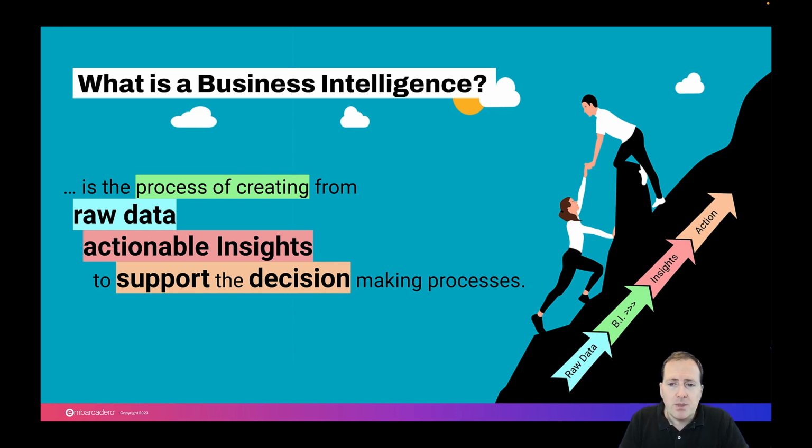But we can get actionable insights that help support the decision-making processes that are going on. Getting your data, understanding your data, and making it possible to react to what's going on is what BI is all about. And that's what Yellowfin enables you to do.